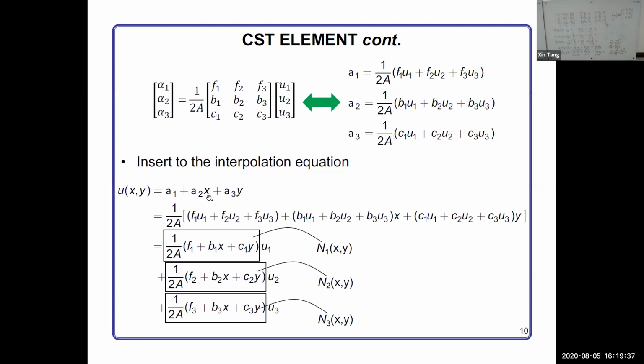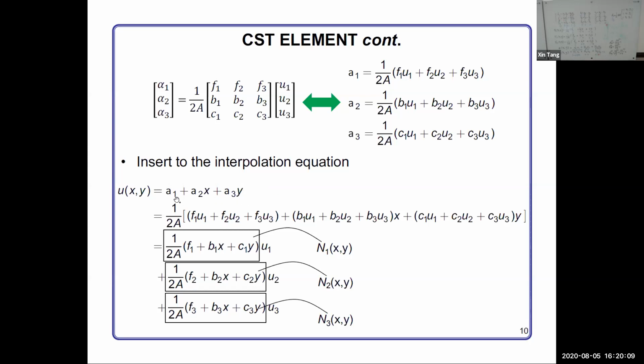That means we are doing an interpolation. All the values are within that triangle. If it is outside the triangle, it is called extrapolation. Extrapolation is usually pretty risky. You don't know what the shape function is outside. If x and y are too far away from the triangle, the result could be wrong. But if you are a little closer to the edge, maybe you can still believe the results approximately.